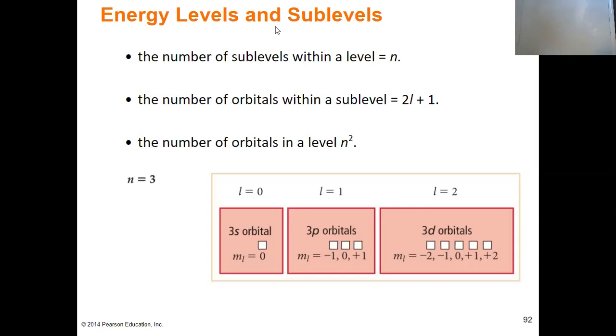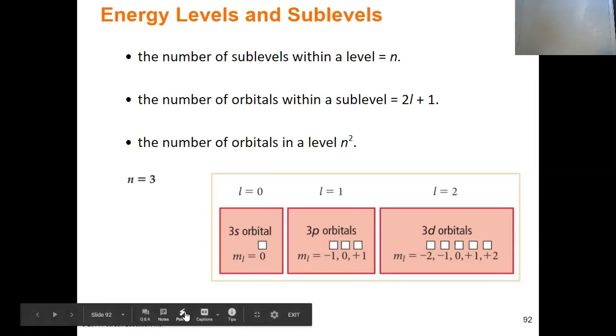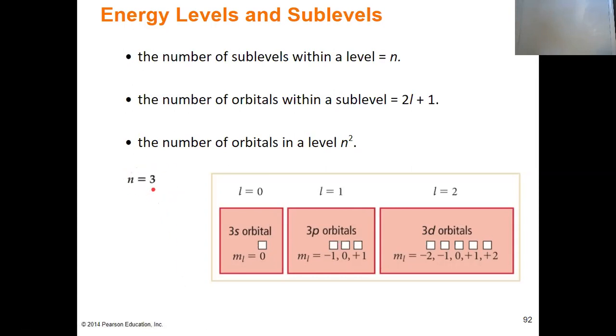But I think we should probably look at it both ways here. So we have n equals 3 up here as an example. All right, so if we have n equals 3, that means our possible L values are 0, 1, and 2. Those are all valid L values for n equals 3.